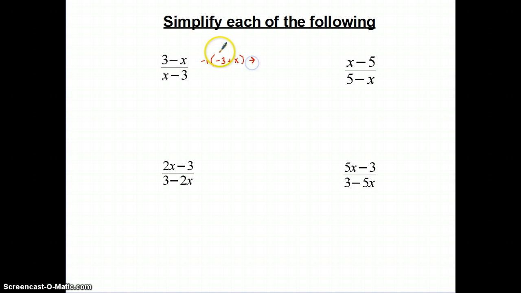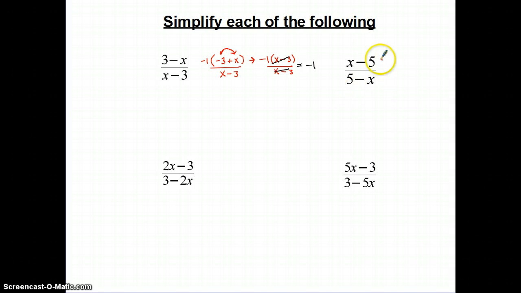I'll then rearrange the terms inside these parentheses so they match the denominator, leaving me with negative 1 times, and in parentheses I bring the positive x first and the negative 3 second. In the denominator, I still have that x minus 3. Now I see an x minus 3 repeated, so I cross those out, and I'm left with negative 1.